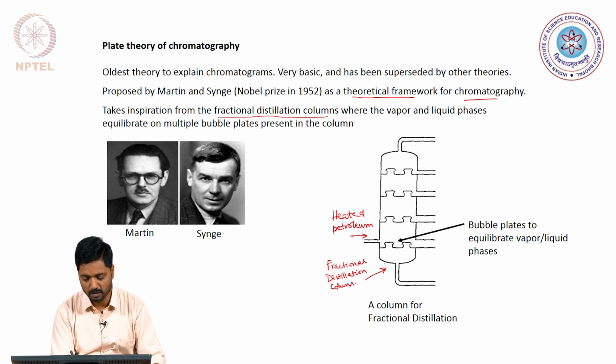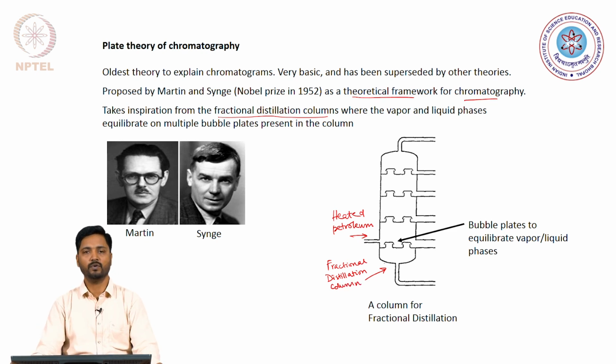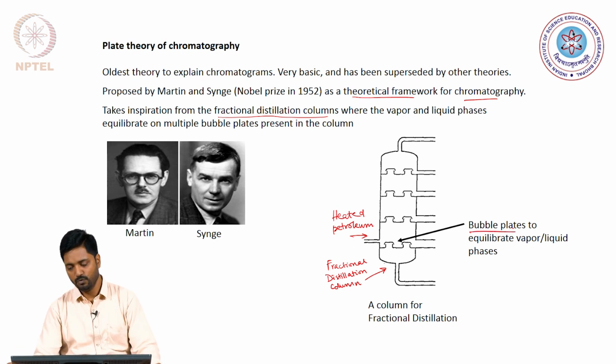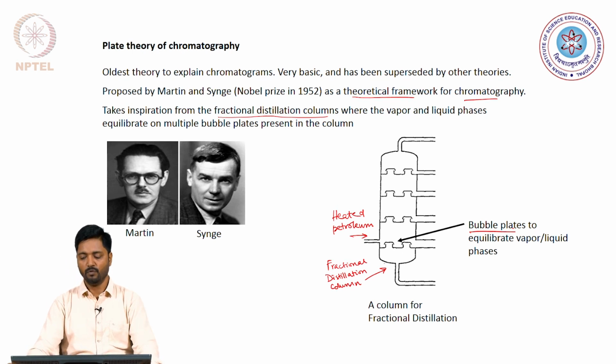So, this column is of very large height, but its construction is also unique in that it has these interesting bubble plates which allow for equilibration of the vapor and liquid phases.